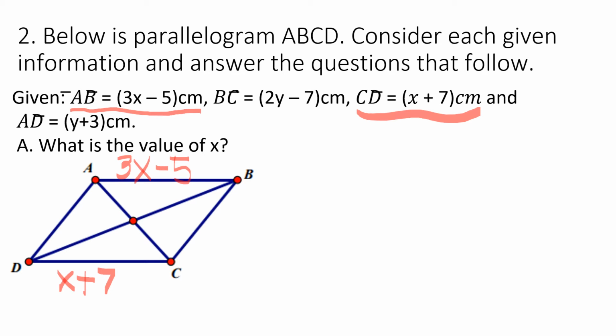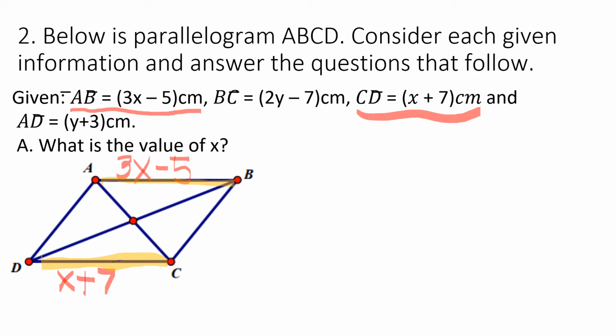What do you notice in our figure? Well, side AB is opposite side CD. Do you remember property number 1 of a parallelogram? It says that two opposite sides of a parallelogram are congruent.